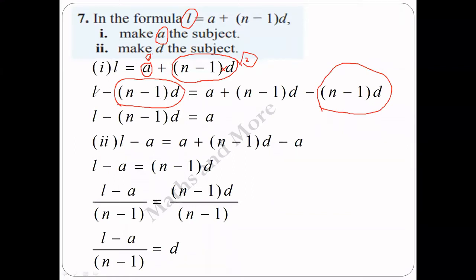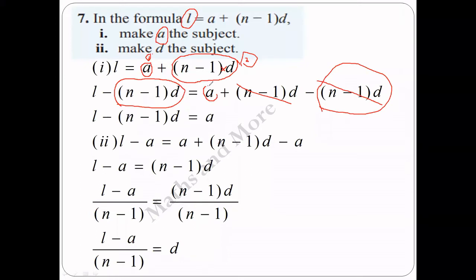Here L is there, so L minus n minus 1 times D. In the right hand side, A was there, so A plus n minus 1 times D minus n minus 1 times D. Now, cancel out this plus n minus 1 times D with minus n minus 1 times D. In the right hand side of the equation sign, only A is there.